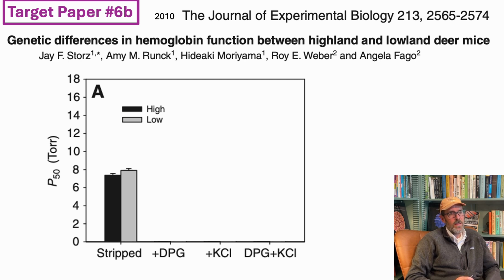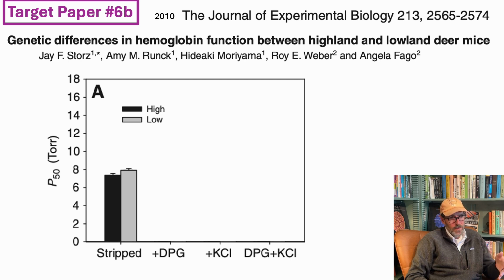So at that condition, comparing the high and low elevation mice, you'd expect the P50 to be lower in high elevation mice because it would take less oxygen to occupy 50% of the active sites, because these organisms would be trying to carry more oxygen at lower oxygen concentrations. P50 is slightly lower, but I don't think it's significantly different between the high elevation in the black bar and the low elevation in the gray bar.